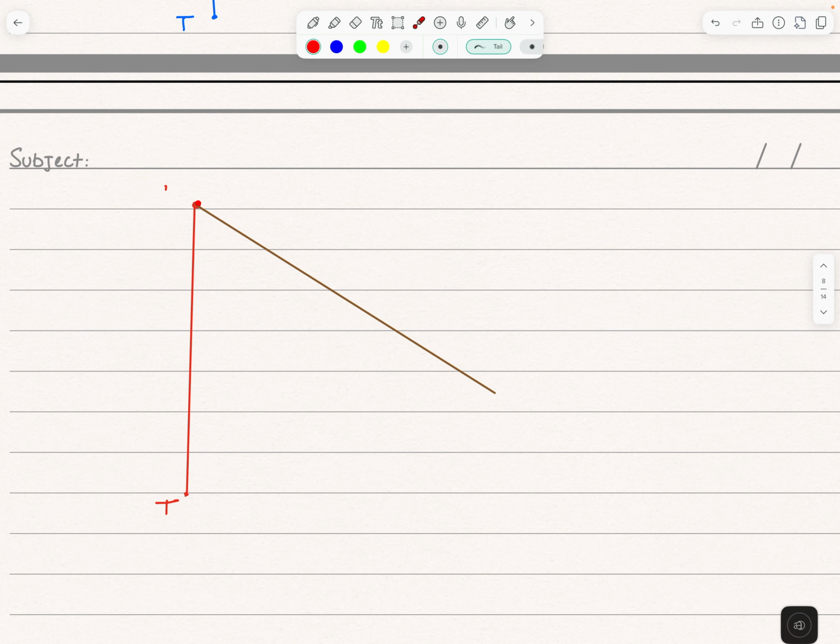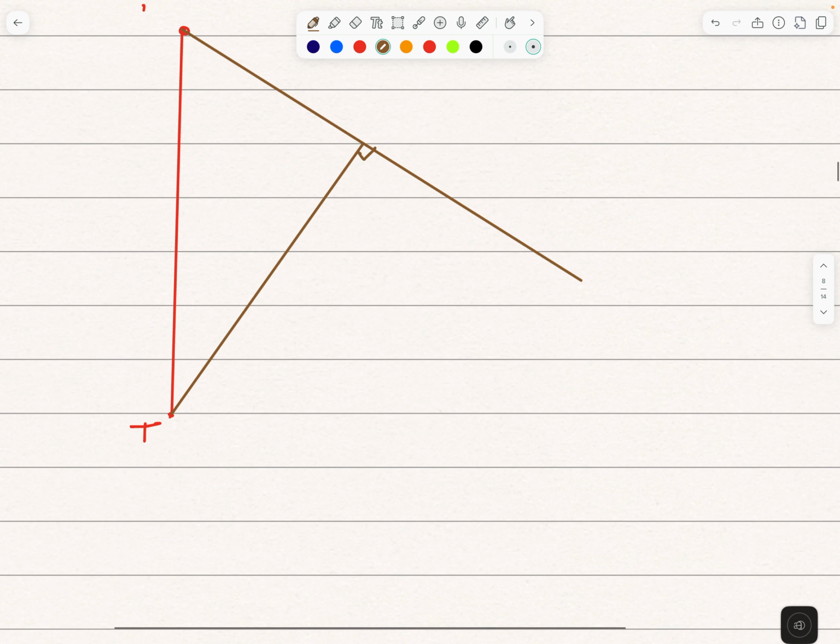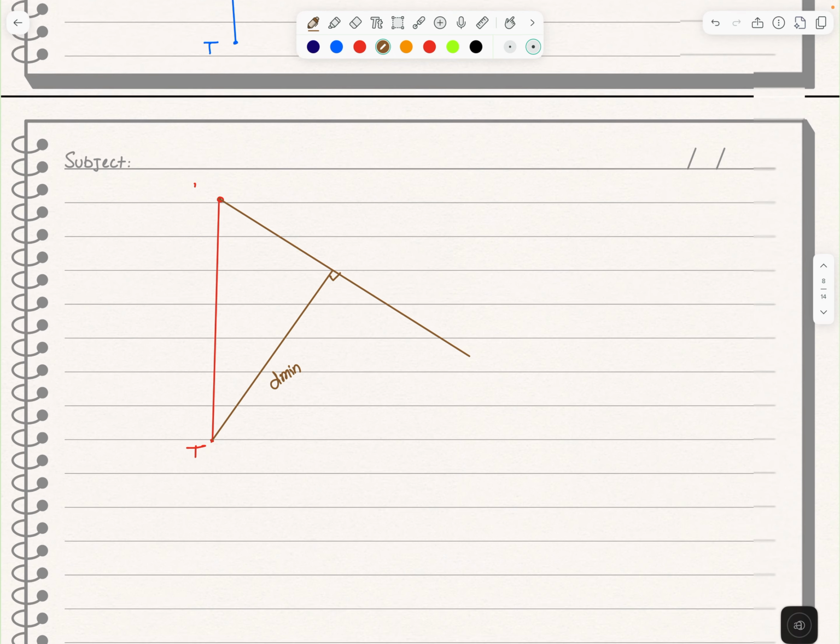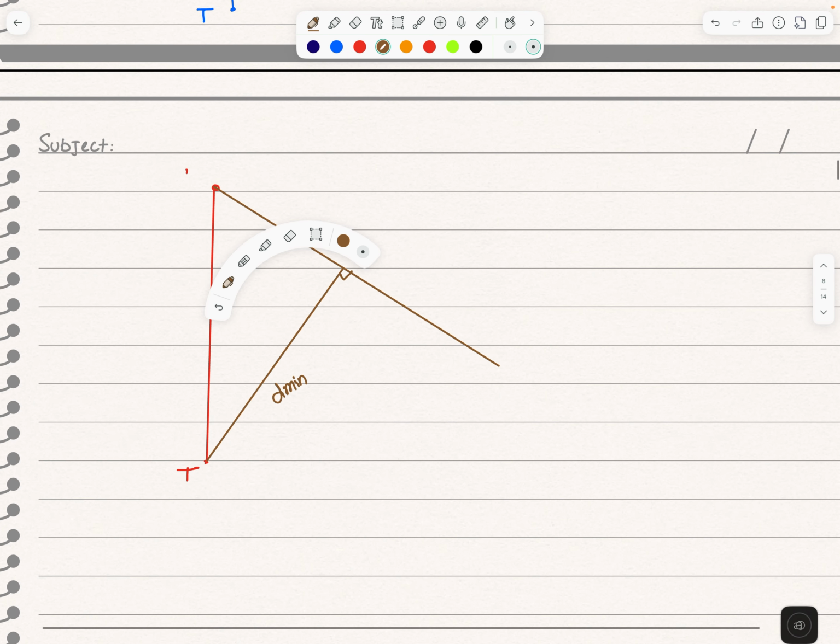At t equals 0, they were here. At t equals 1 second, this will be here. 2 seconds here, 3 seconds here. They are asking what is the minimum distance, so you have to draw the perpendicular from here. This is the minimum distance.